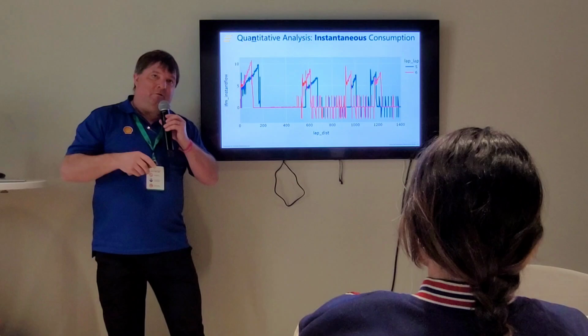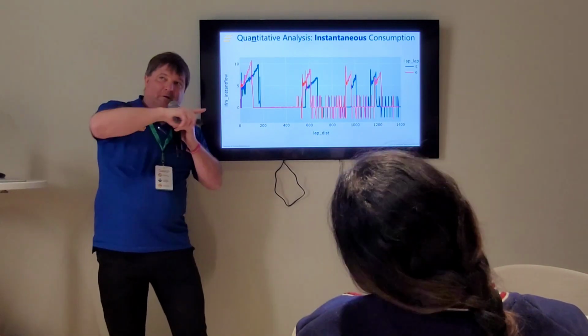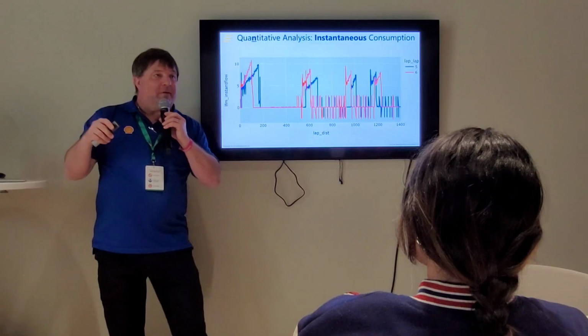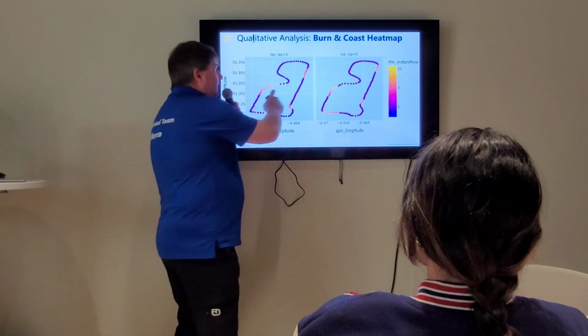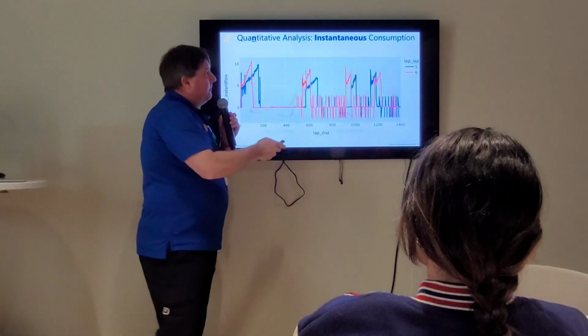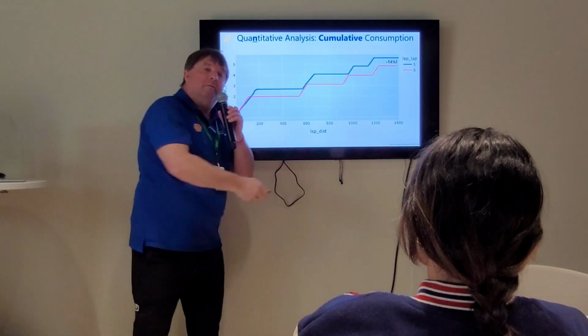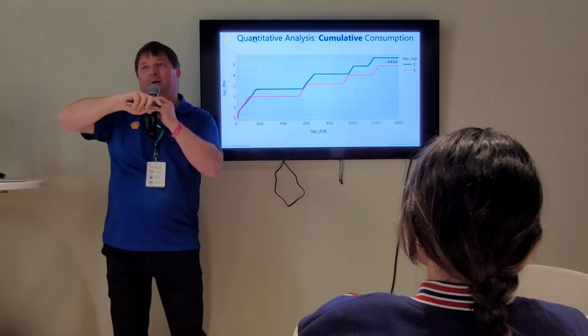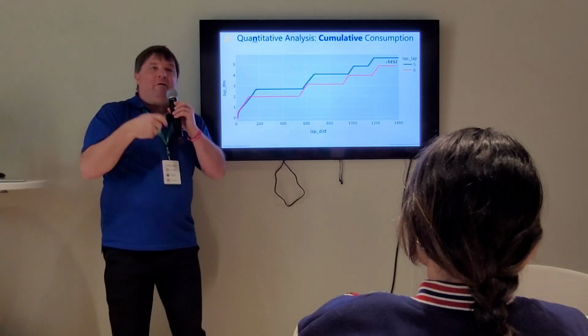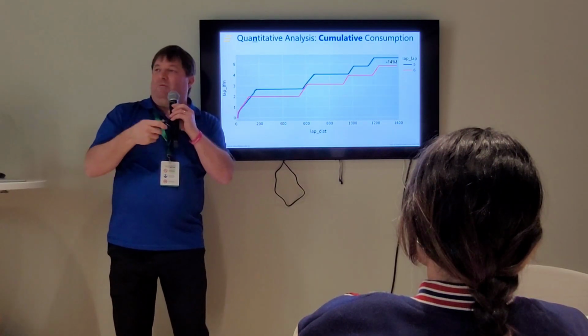And then, when you overlay this information with GPS data, as we have seen in the burn and coast map, you really can see what is the difference between the two strategies, between lap 5 and 6. You see now how it all comes together in a very simple way by just looking the right way at data.